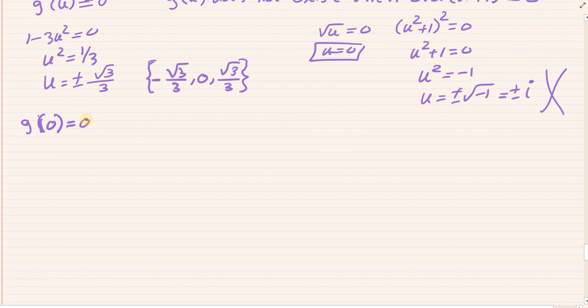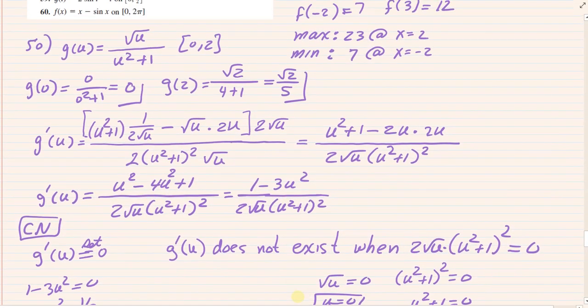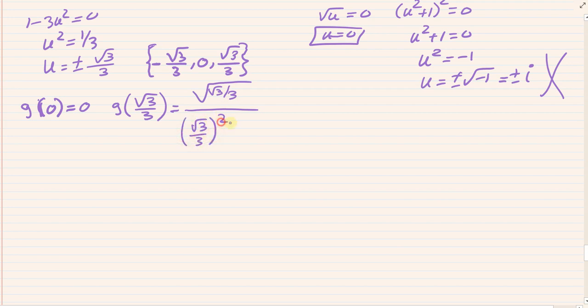Let's try g at root 3 over 3. So g at root 3 over 3, that's going to be square root of u over u squared. So it's going to be square root of 3 over 3 over root 3 over 3 squared plus 1.